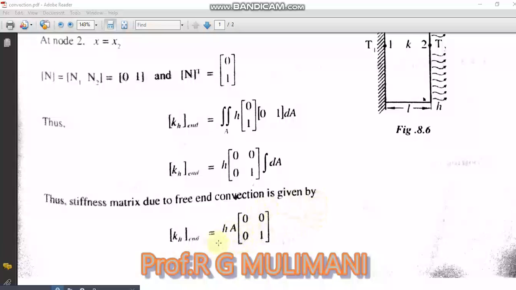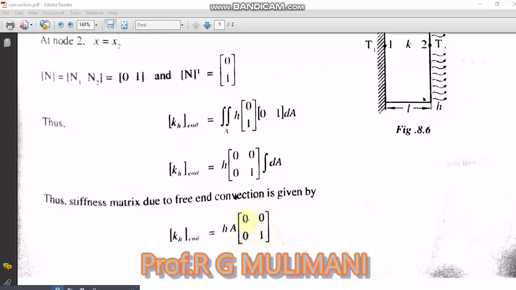When you are using this expression for the convection stiffness matrix, make sure that the convection heat transfer is always taking place at node 2. If it is taking place at node 1, then you have to change the matrix to [1 0; 0 0].